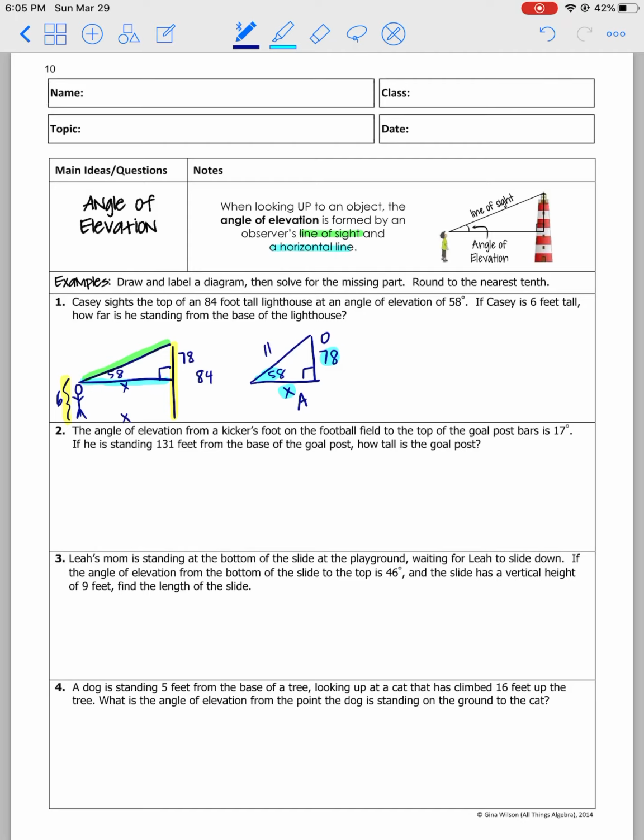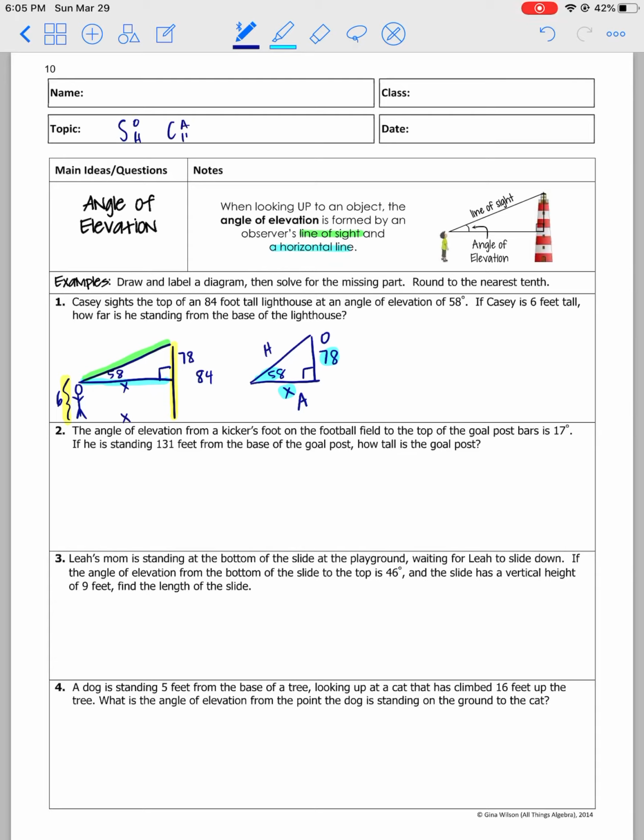If it helps you, you can write that this is the hypotenuse, although that's not going to be factored in here. The only two sides that are relevant are the opposite and adjacent legs. From there, you need to identify what ratio deals with opposite and adjacent. If you don't know yet, make sure you are writing this at the top of your paper.